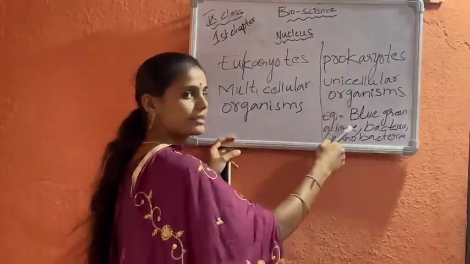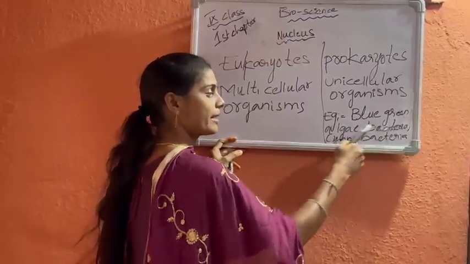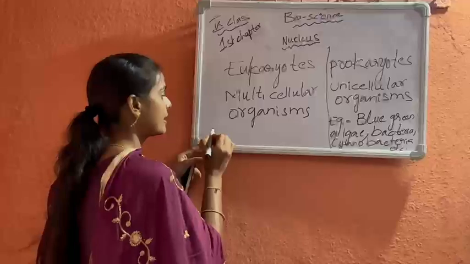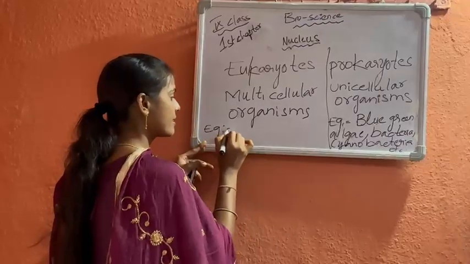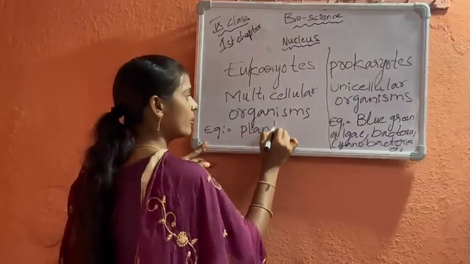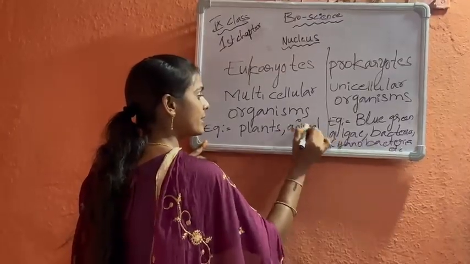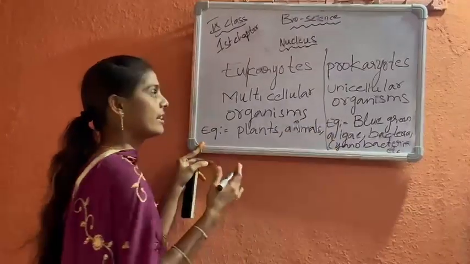We are made of many cells, so we are called eukaryotes.